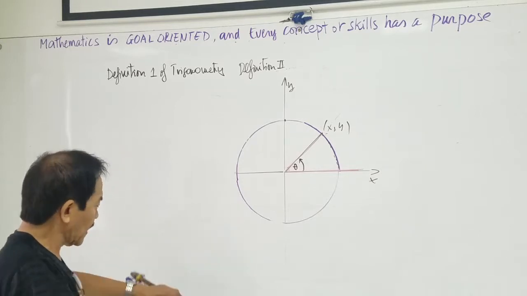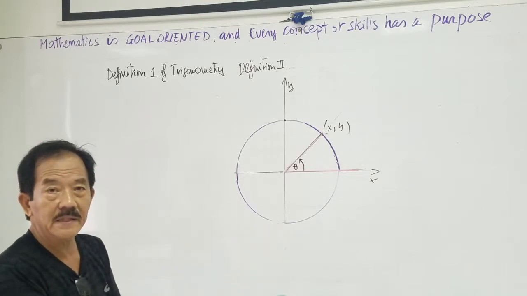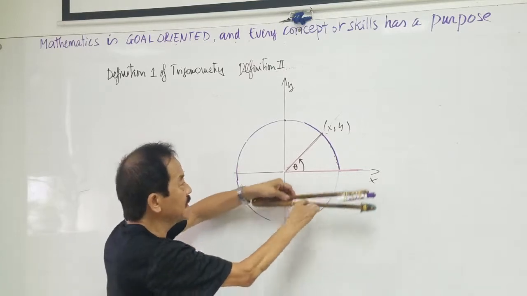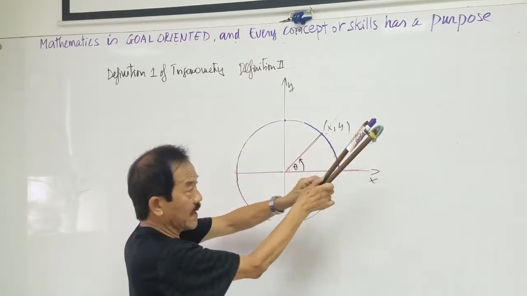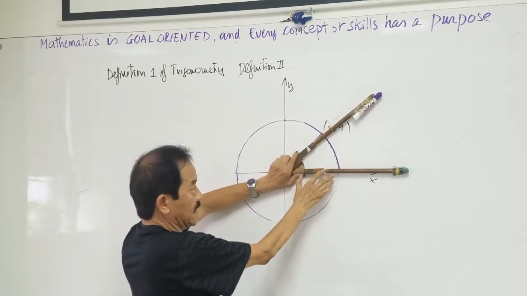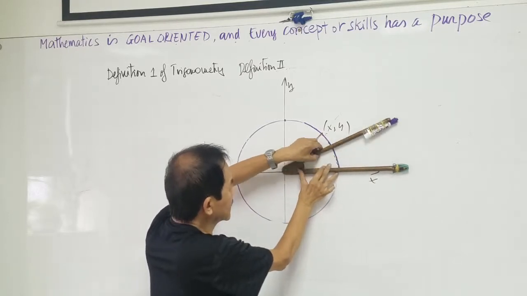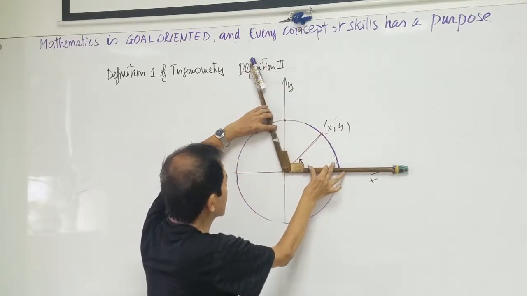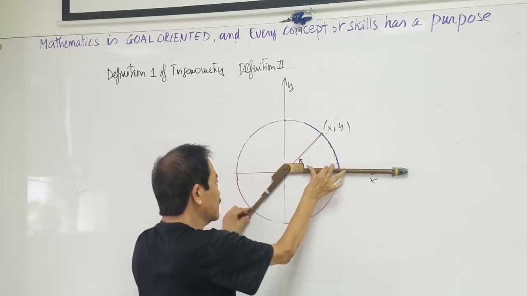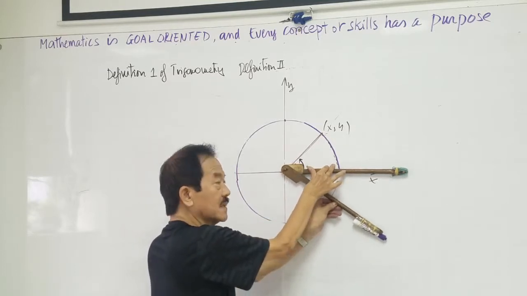In section 6.1 we already learned what we mean by an angle in standard position. So now we have the coordinate system like this, and the angle has two sides. If you put it here, we call this one the initial side, and this one the terminal side. The angle can open like 30 degrees, 60, 90, 120, 150, 180, 210, 240, 270, 300, 330, and 360.